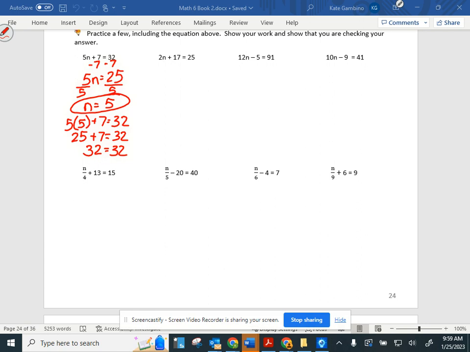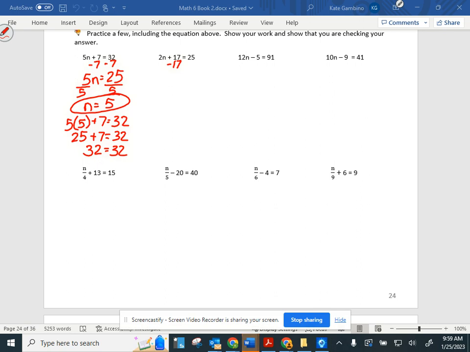Let's look at our next one. 2n plus 17 equals 25. What is my first step, Jillian? Subtract 17. Because we know doing SADMEP, I have to subtract the right number. Doing SADMEP, I have to do my adding or subtracting first.